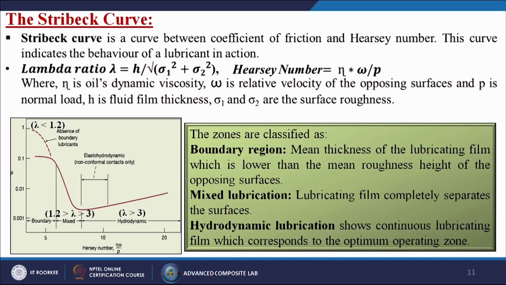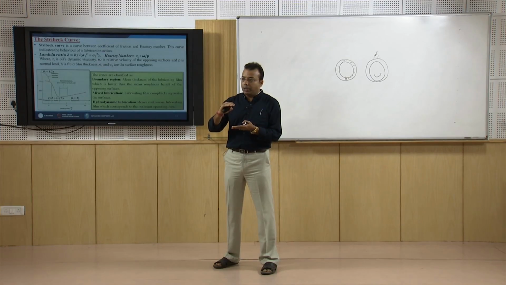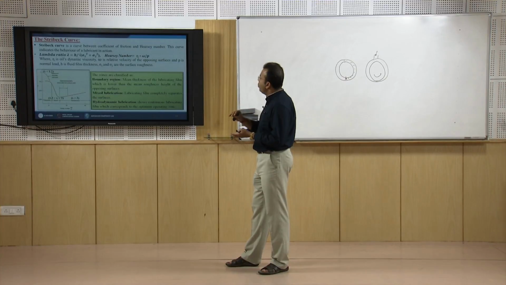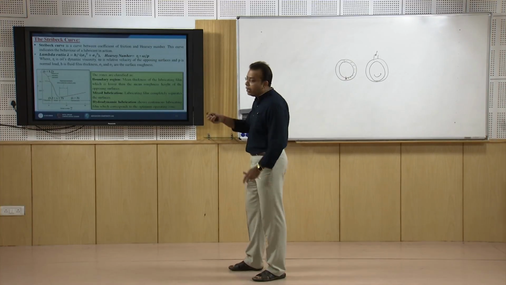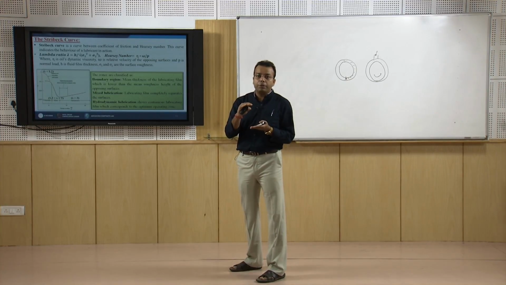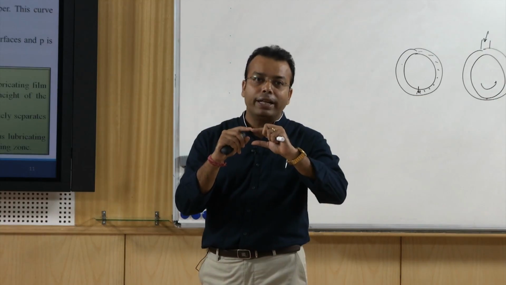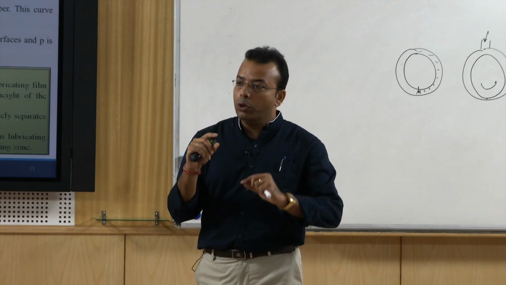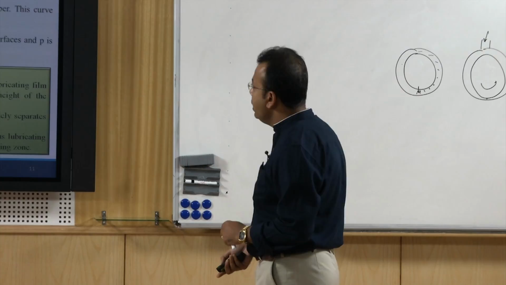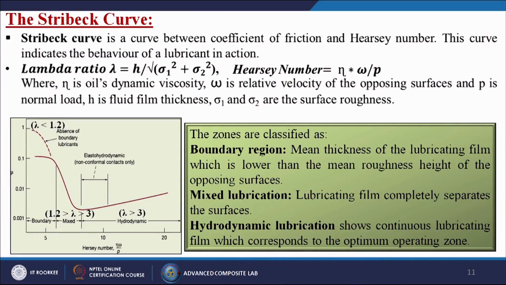In the lambda ratio, H is the height or depth between the two surfaces, or maybe the fluid thickness between the surfaces, meaning the touch gap between the two mating surfaces, which gives you the lubrication thickness. Then sigma 1 and sigma 2 are the surface roughness of these two mating parts.